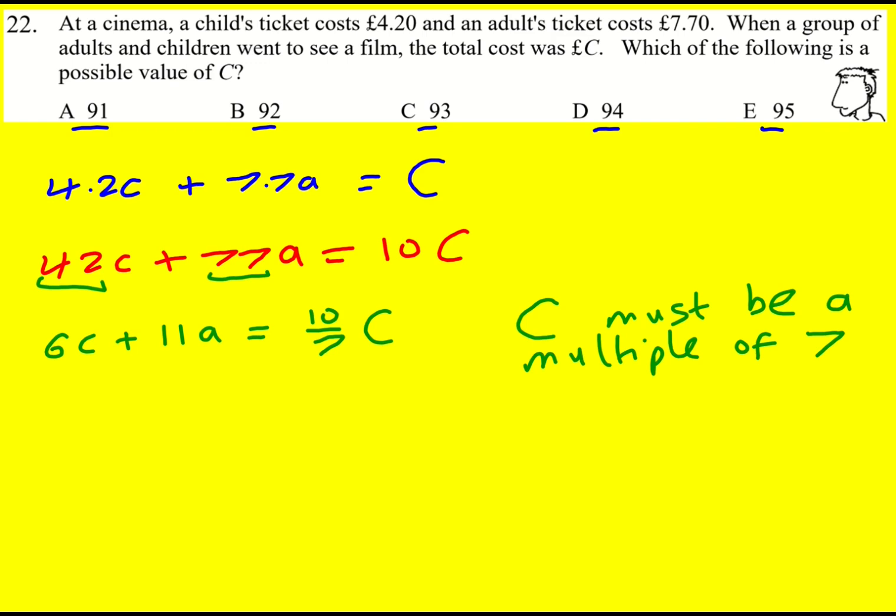So we just need to look at the answers now and see which one is a multiple of 7, and it's actually 91, because this is 7 times 13. Then it would be 98 as the next one, so all the rest are not possible.